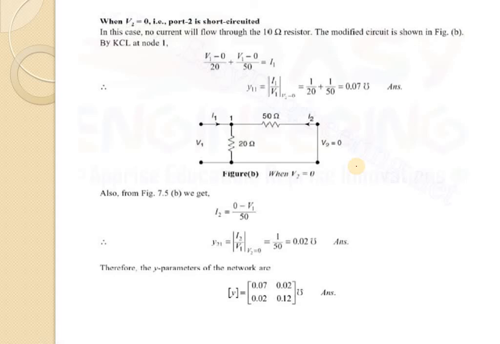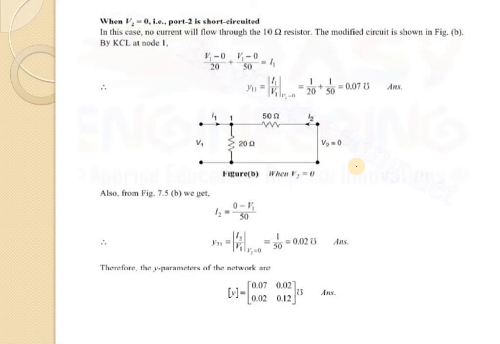Now when V2 is 0, that is the port 2 is shorted, in this case no current will flow through 10 ohm resistor, and the modified circuit is shown here.